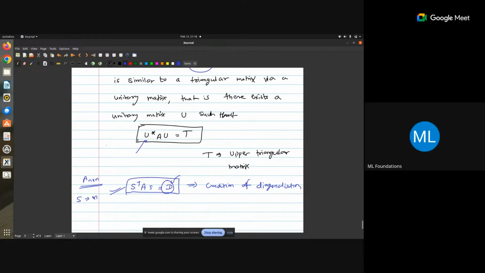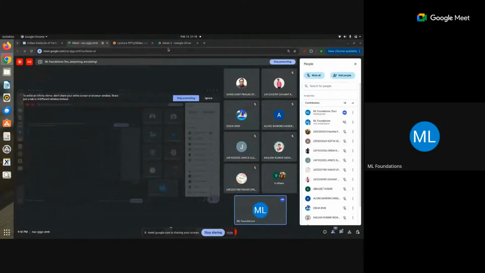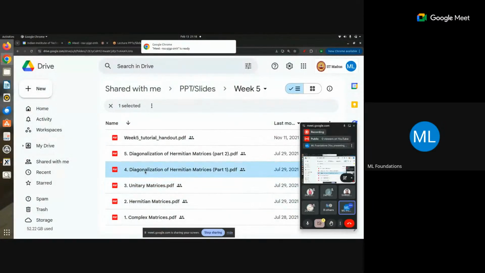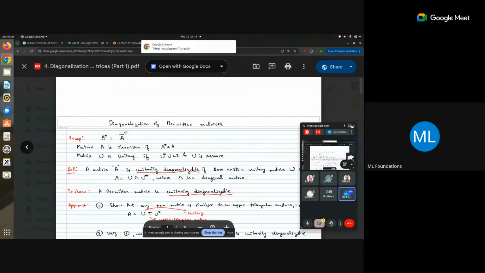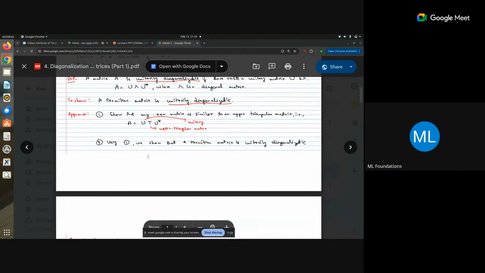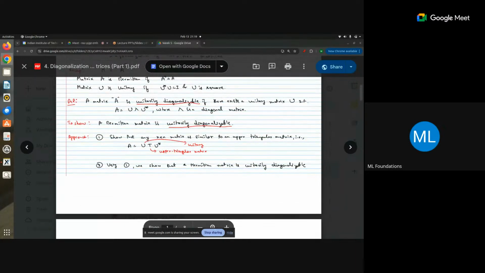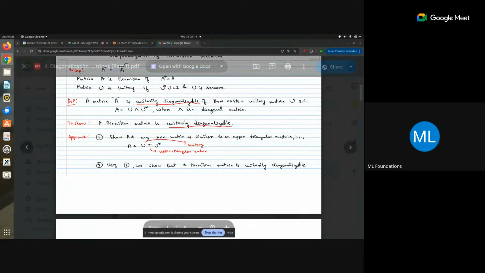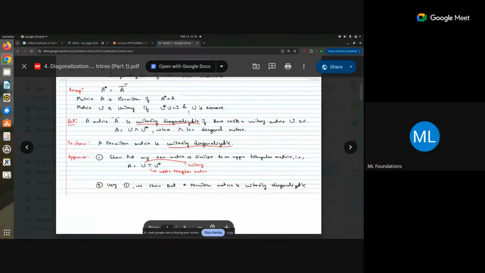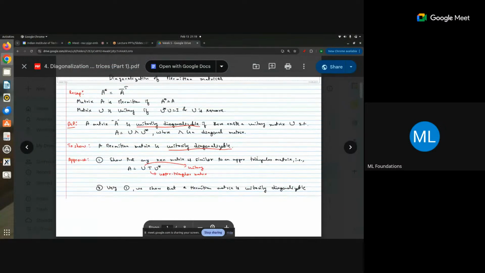Okay, so we'll see this part, I think you guys were having issues with it. Basically, this was a definition for diagonalization, that is for a unitary matrix.